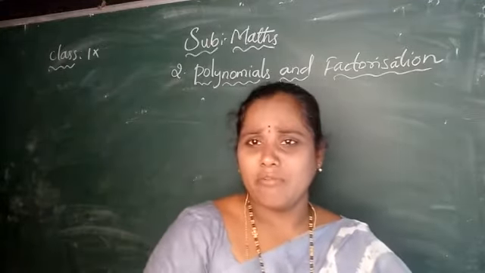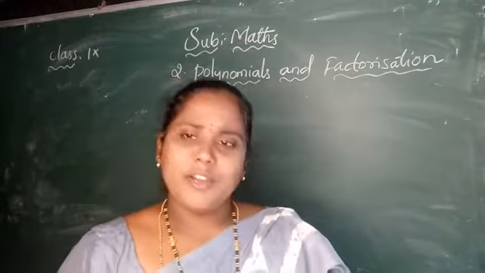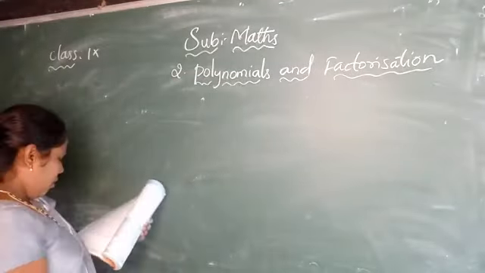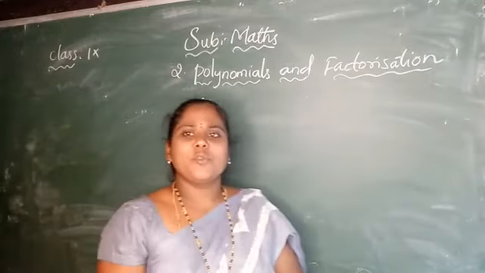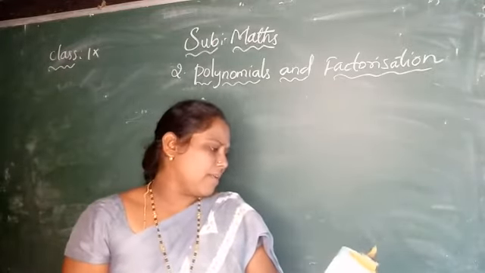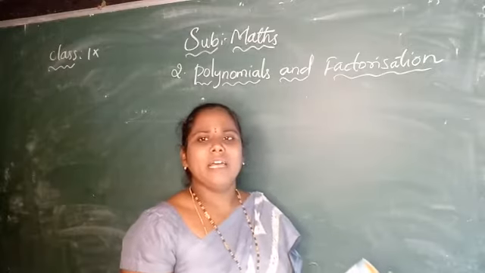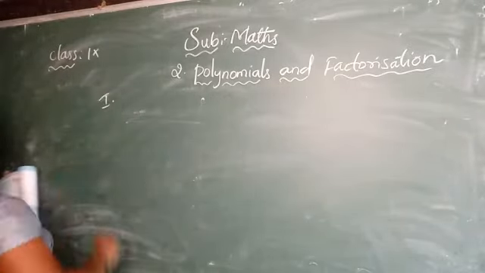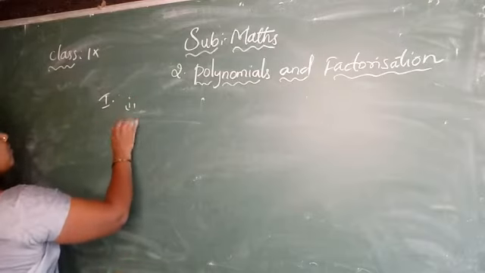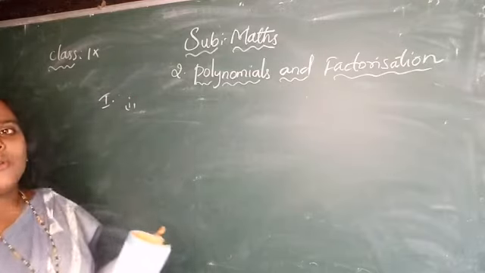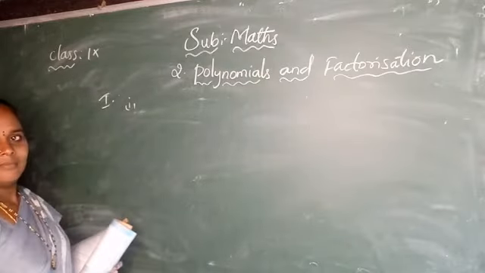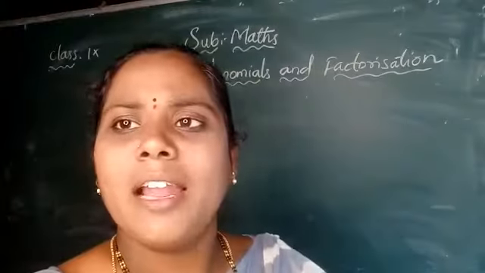I think I just told you about the degree of a polynomial. First bit, what are they asking? Degree of the polynomial. I will explain one problem in each bit, and you do the remaining problems. Okay, I will continue in part 2.